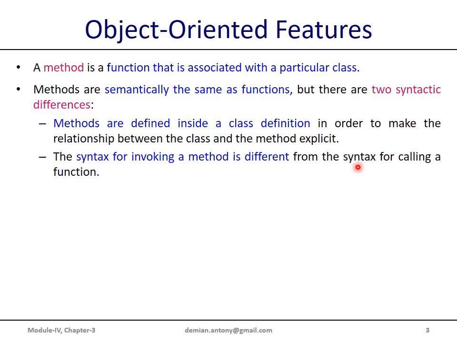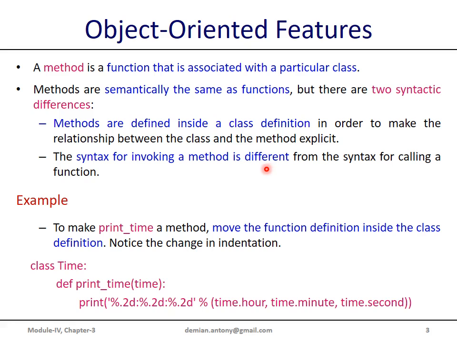The syntax that we use to access a method involves the class instance or object. Let's take up the example. To define a function called print, wherein we want to print a time in terms of hours, minutes, and seconds, we had written a function in the previous chapter, print time, which is a function.